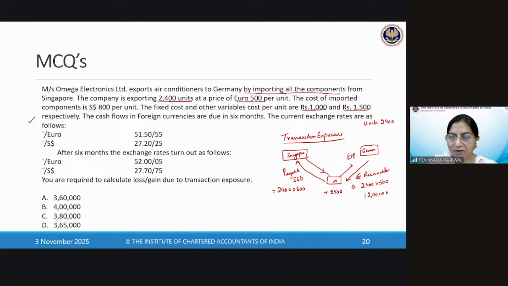And how much is the cost you are incurring? 2400 into 800 Singapore dollars, which is 19,20,000 Singapore dollars, plus another 2500 rupees per unit.